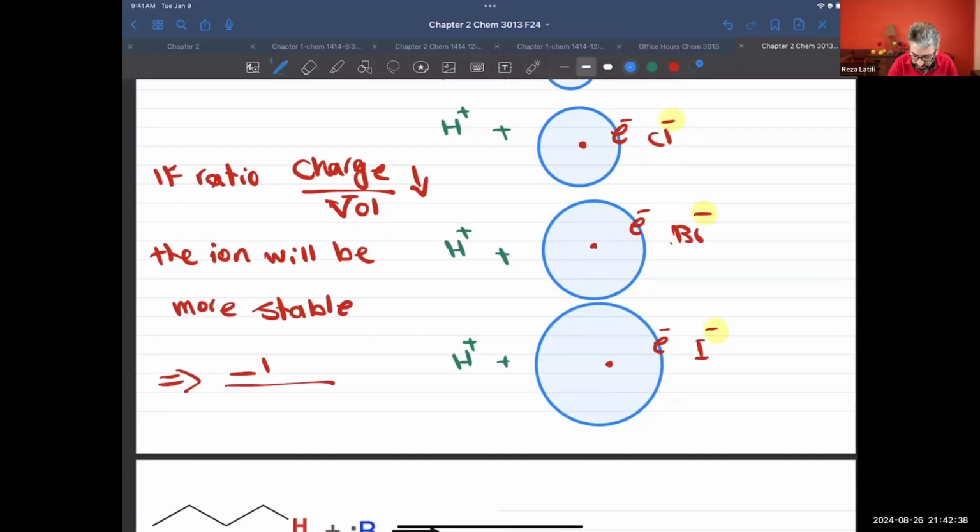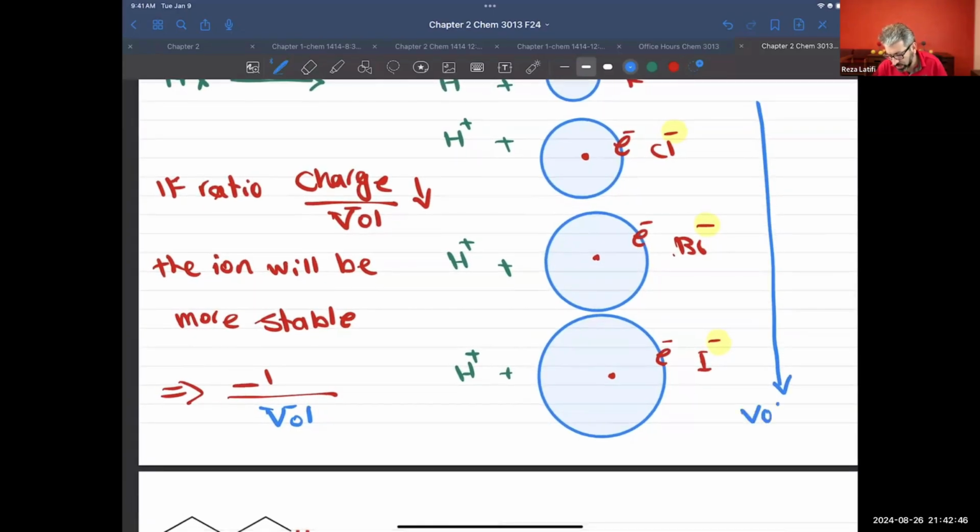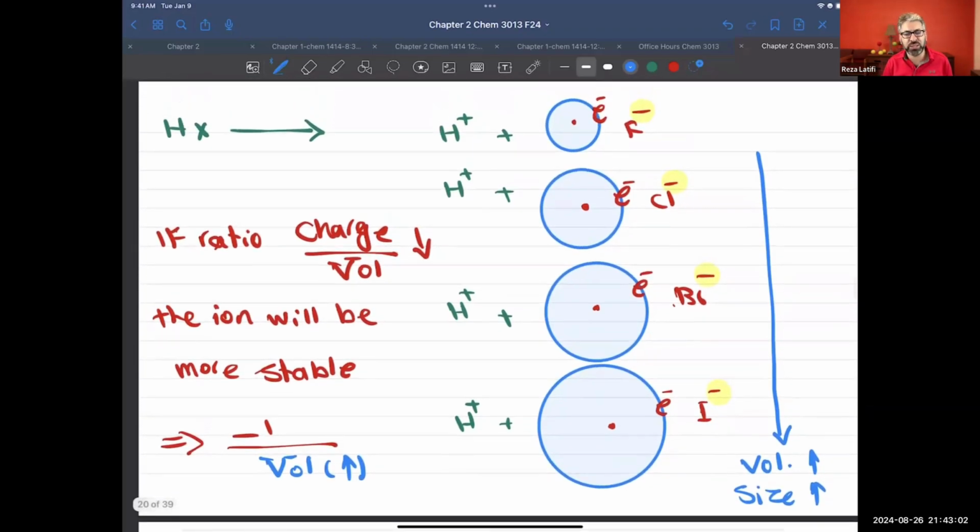The only thing that is changing is the volume. As we go down in any group, volume or size is going up. It means the denominator is going up. -1 divided by a bigger denominator will give you a smaller ratio. So iodide is more capable of handling the negative charge.